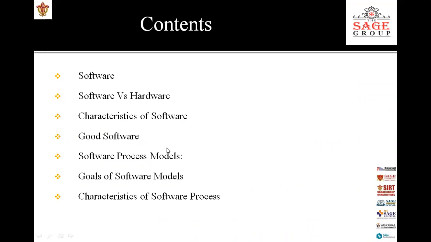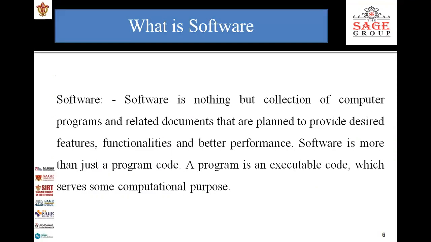After that, we'll see characteristics of the software and good software. What is a good software and bad software? And software process models. And what are the goals of software models. I'm going to cover these topics.